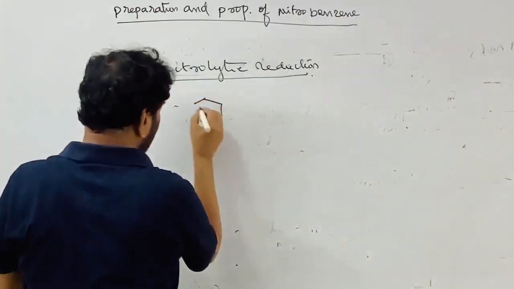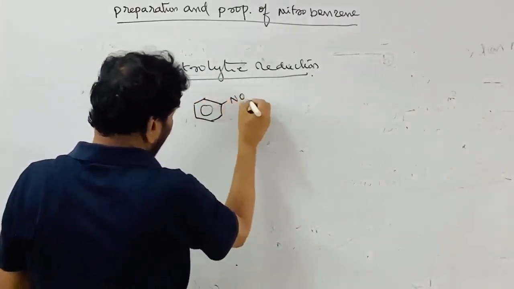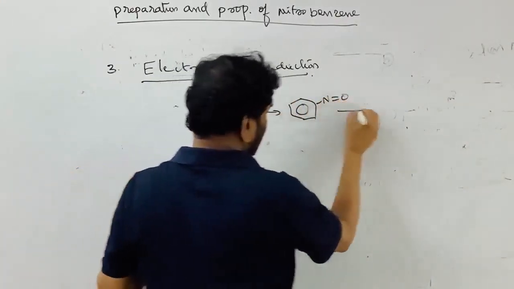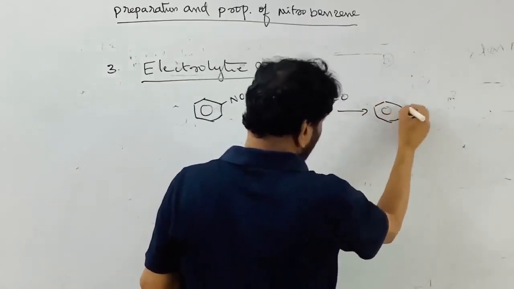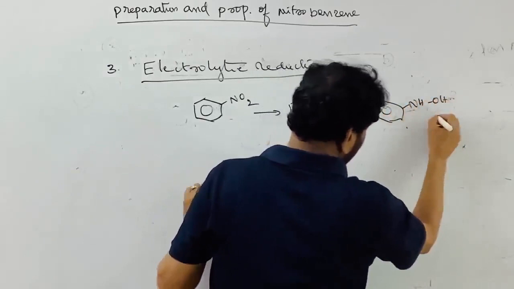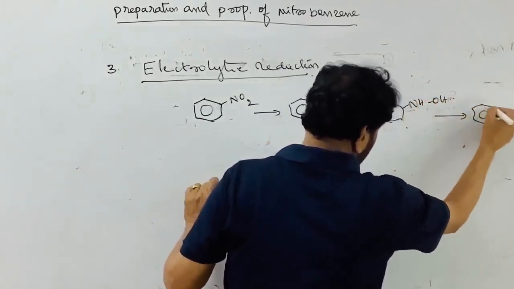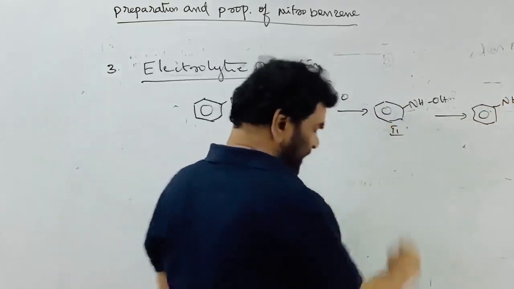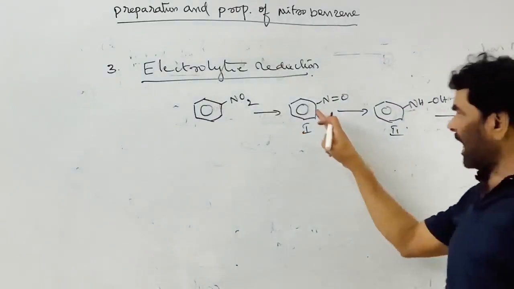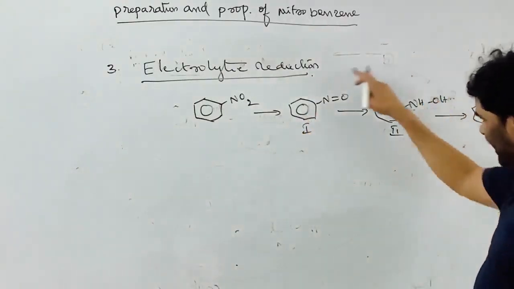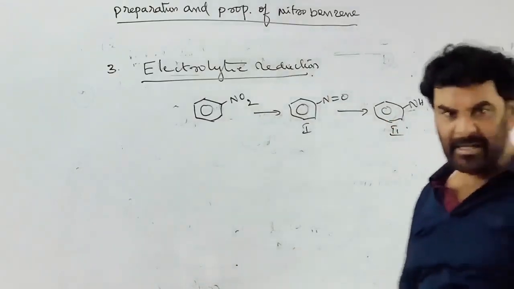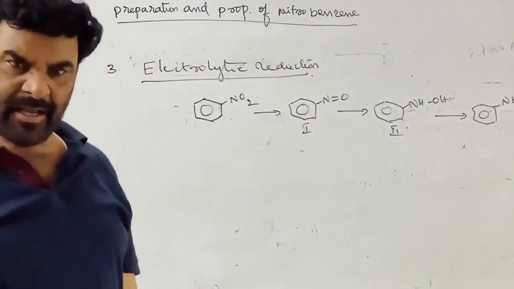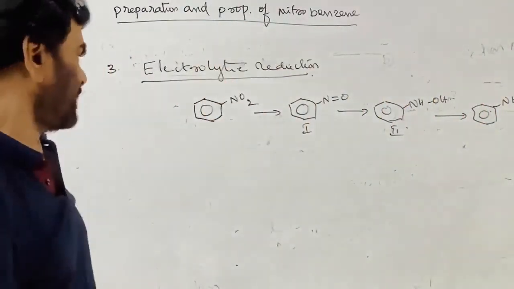Nitrobenzene is reduced to nitrosobenzene first, further reduced to hydroxylamine, and further reduced to aniline. These are considered as the intermediates. In the alkali media, these intermediates combine, forming azoxybenzene in the first case, azobenzene in the second case, and hydrazobenzene in the third case.